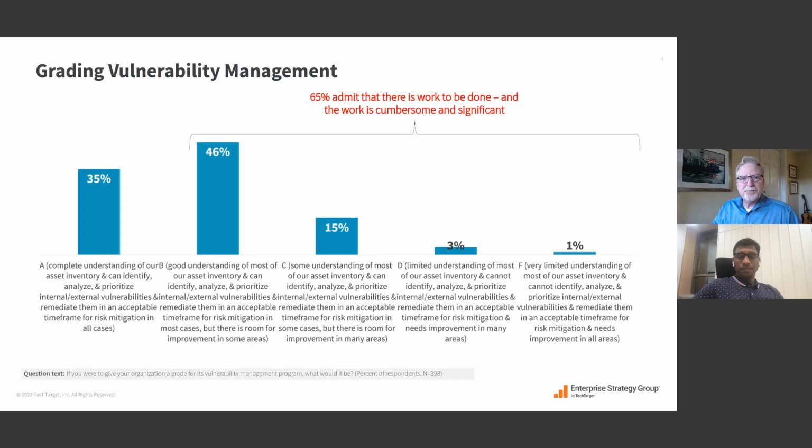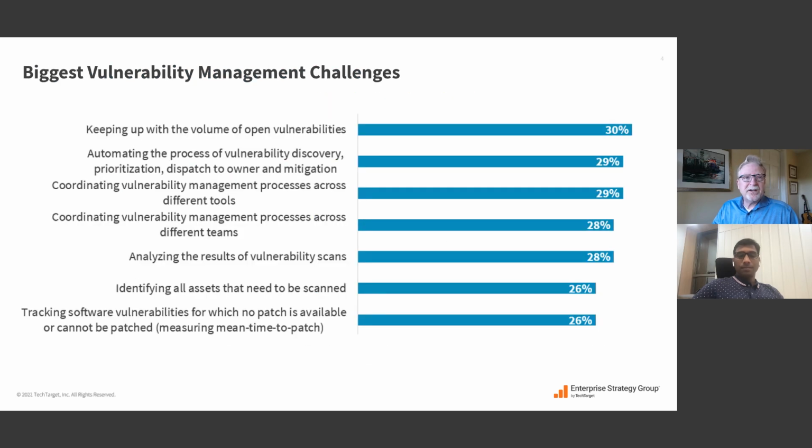Yet, there's a ton of challenges, right? The same sets of people tell us they're struggling to keep up with the volume of vulnerabilities, and go figure, given the number of new assets and device types, the more cloud workloads people are working with, SaaS application use, there are that many more sources of vulnerable infrastructure.